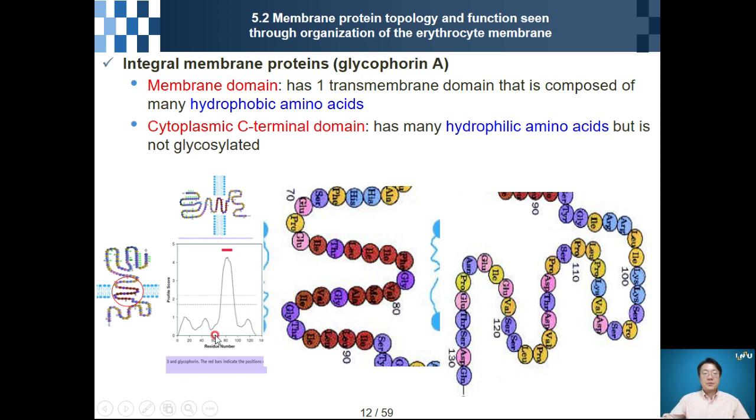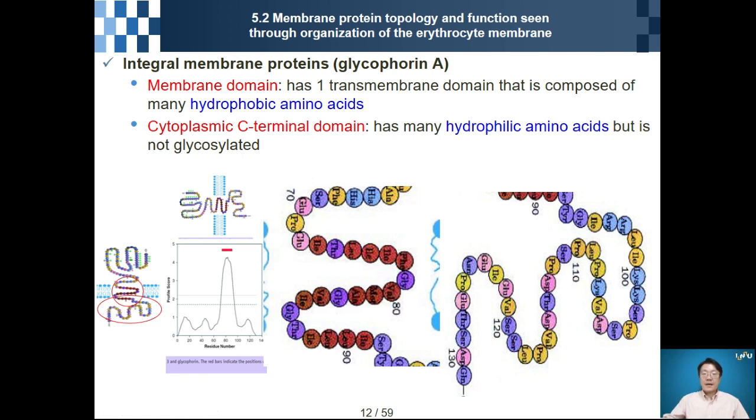Finally, there is the cytoplasmic C-terminal domain. It has many hydrophilic amino acids, such as arginine, which is positively charged, lysine, which is also positively charged, and serine and threonine, which both have OH groups.